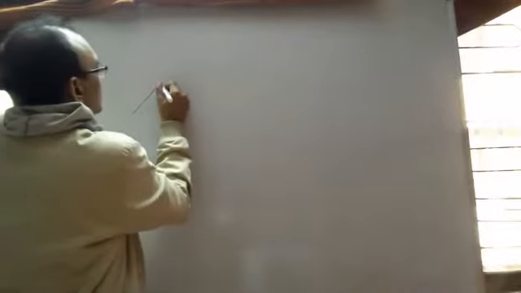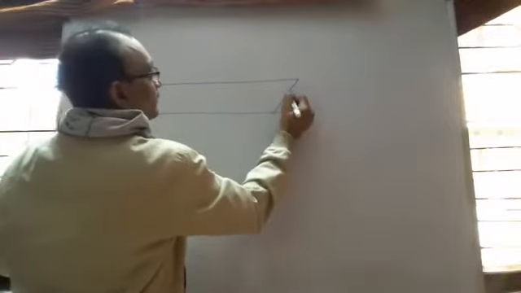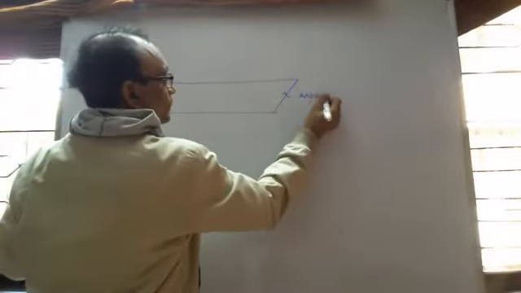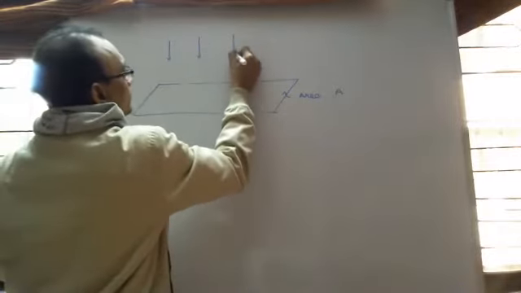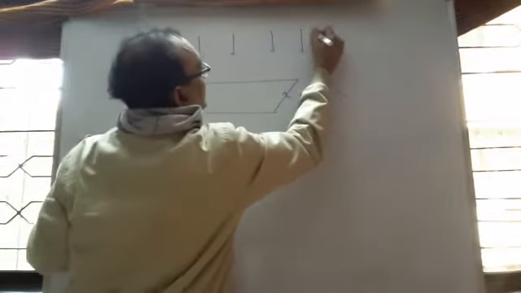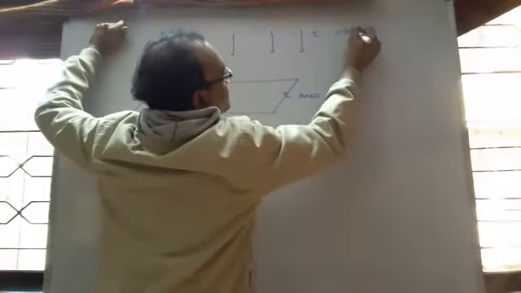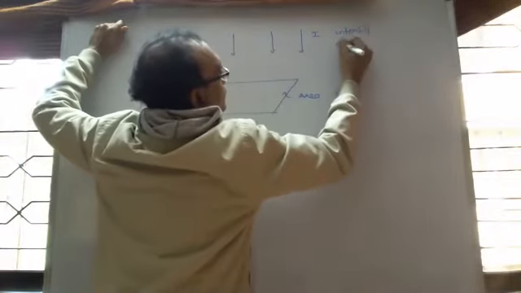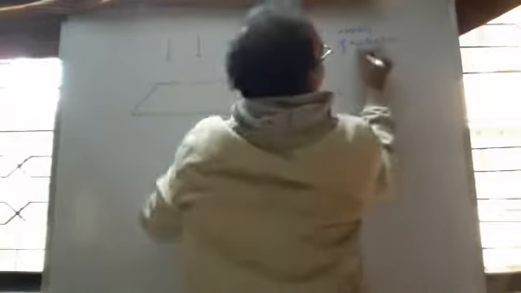Suppose somebody said there is an area A, ठीक है, perpendicular to this area, there is a radiation of intensity I. Intensity मतलब क्या हुआ?